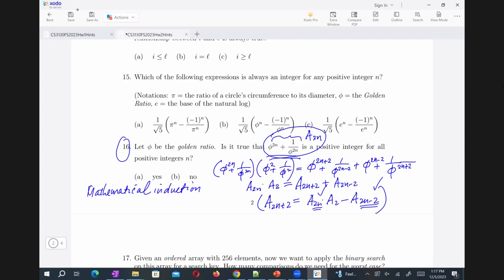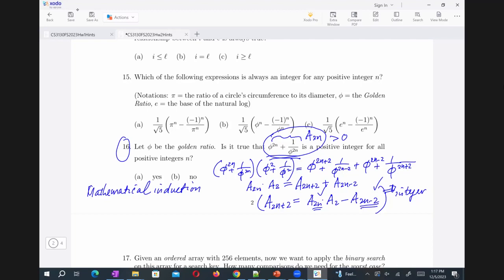Take the difference: it is an integer, though you may not see that it is positive. The difference of integers must be an integer. Can you see the original one must be positive? Any a sub something must be positive, so if it's an integer, it must be positive.